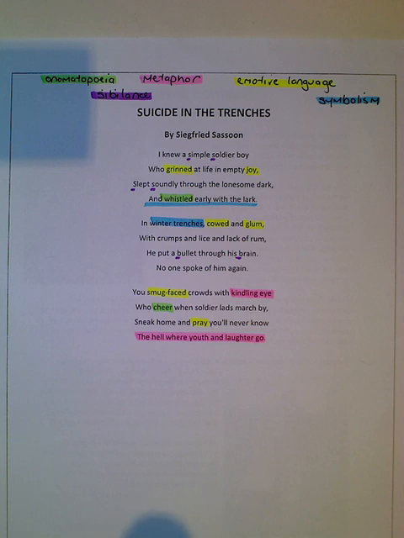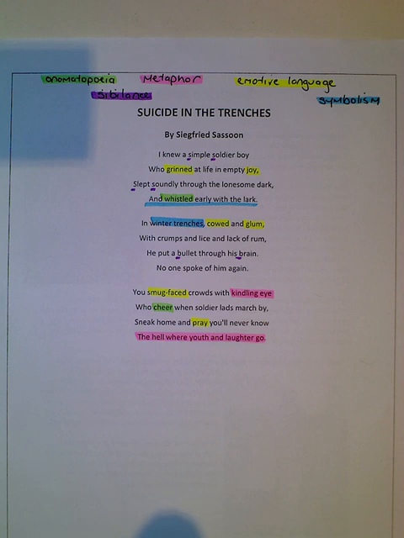And we then have that other term there of boy, and that actually criticises the age of some of the soldiers who went and had to fight during the war, and it also links to him being young. And the fact that he is nameless opens it out to being a common experience.